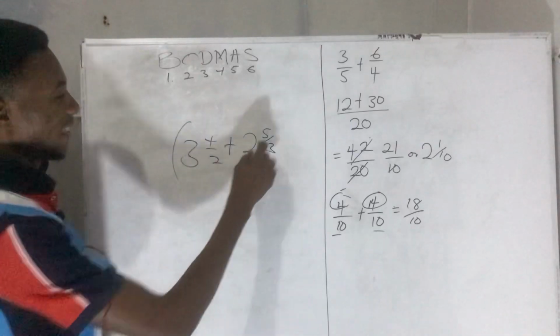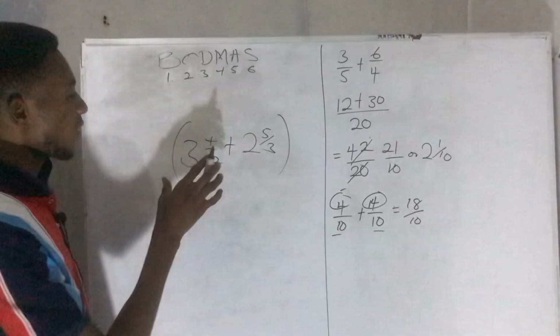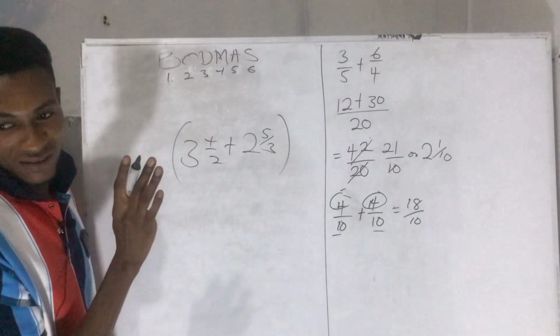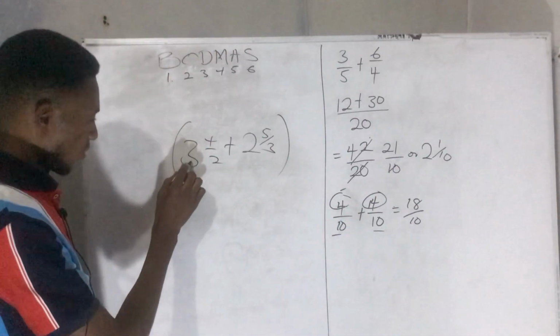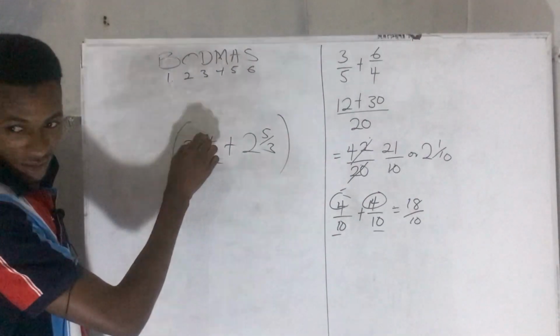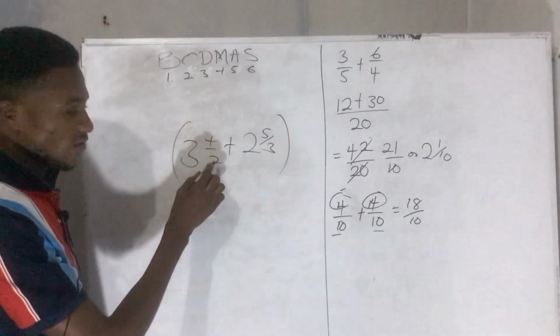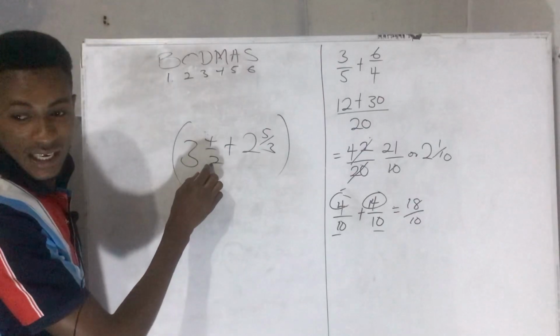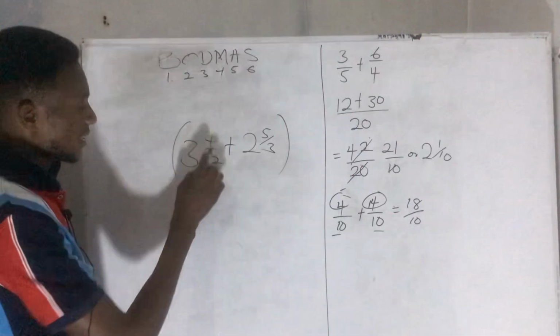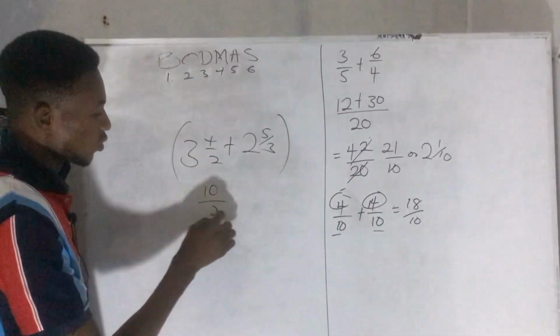Maybe you have something like this in bracket. Please, before you do this, make sure you change it to an improper fraction. You multiply this by this, you add the answer to this, then you repeat the denominator. So 3 times 2, 6, plus this 4, 10. So we have 10/2 plus.